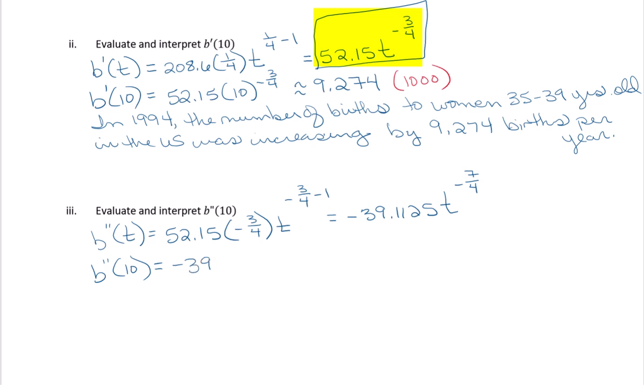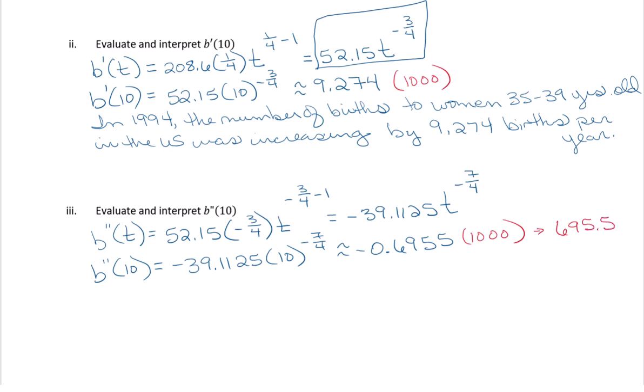Now let's plug in our 10, and we get approximately a negative 0.6955. Remember, when we go to interpret, we would multiply this by 1,000. That's going to be approximately 695.5. We might want to round up to 696 depending on how they want us to interpret it, but they didn't specify here.